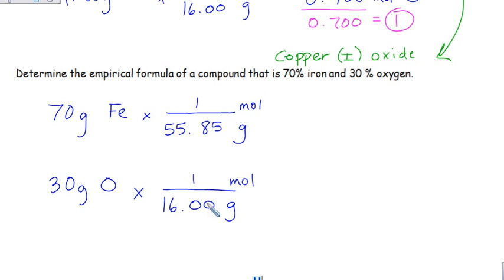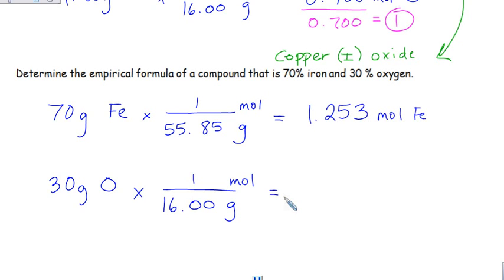Maybe like 2, 3 sig figs, 2, 3 decimal spots. See what you get in your calculator and leave something reasonable. So maybe like 1.253 moles of iron.